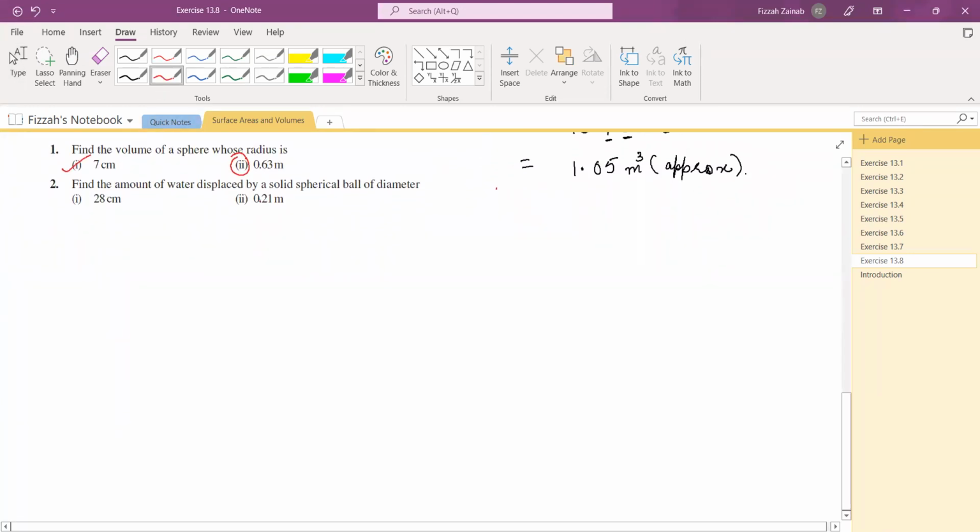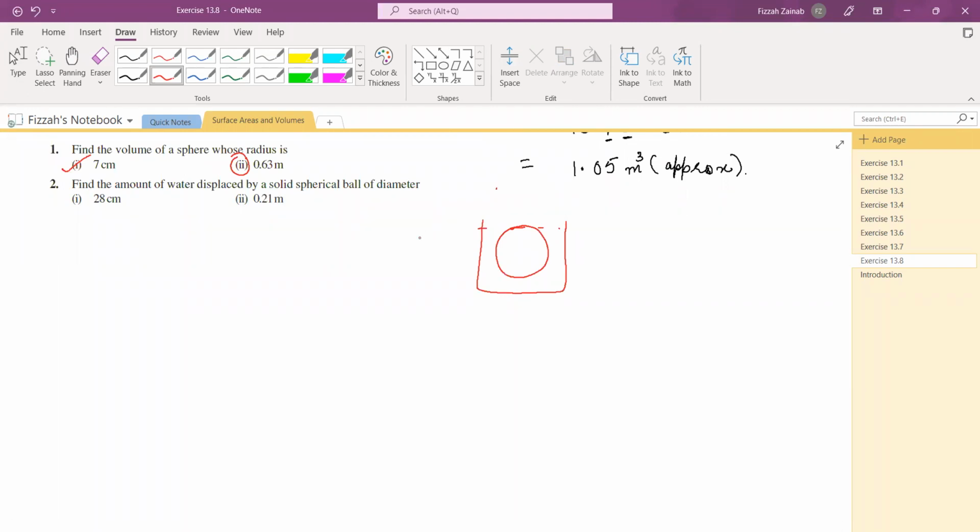Find the amount of water displaced by a solid spherical ball of diameter this. Let's say you have a vessel which is filled with water and you put a spherical ball in it. So obviously this ball is going to displace some water. So how much water is going to be displaced?